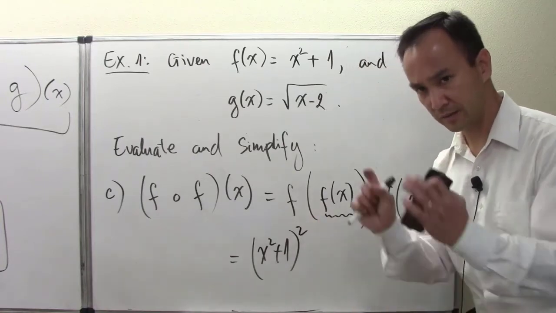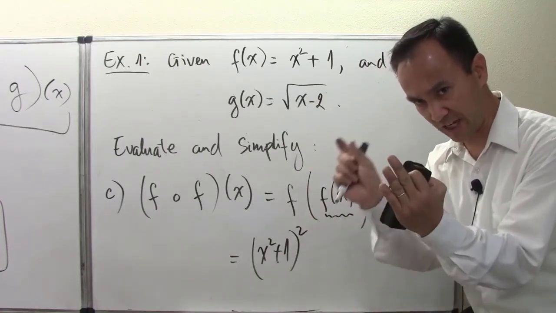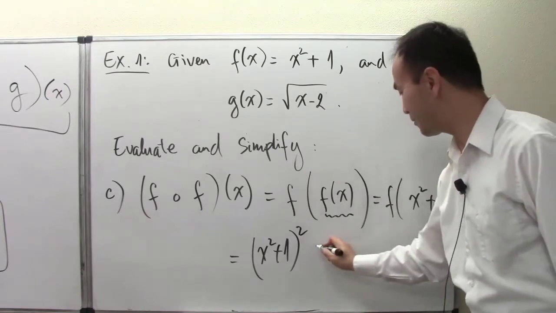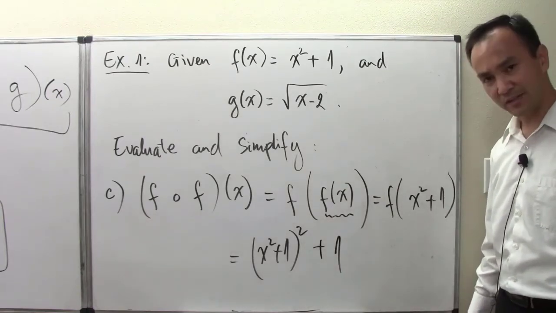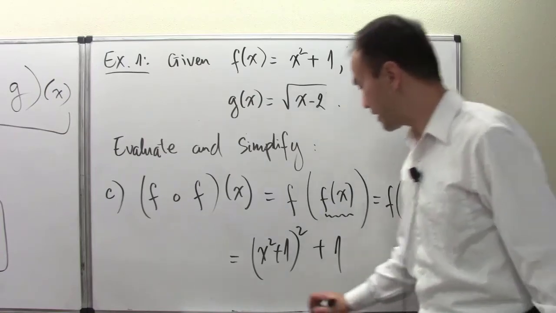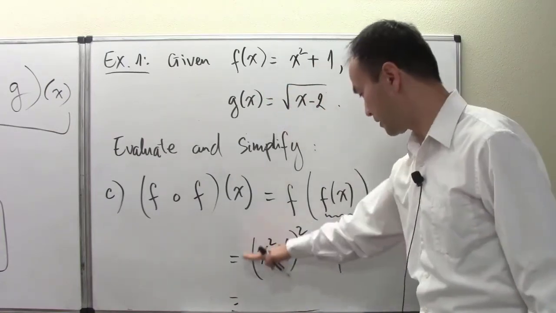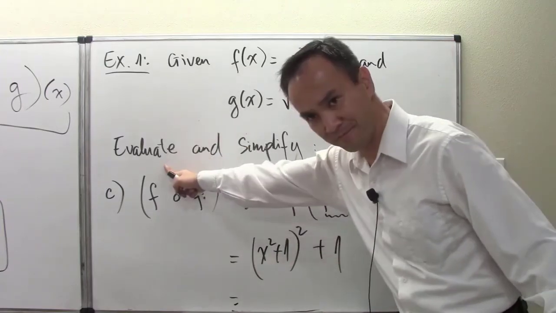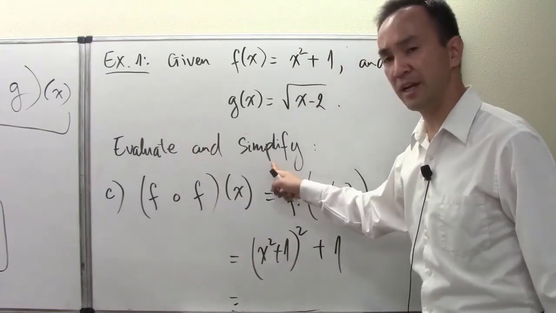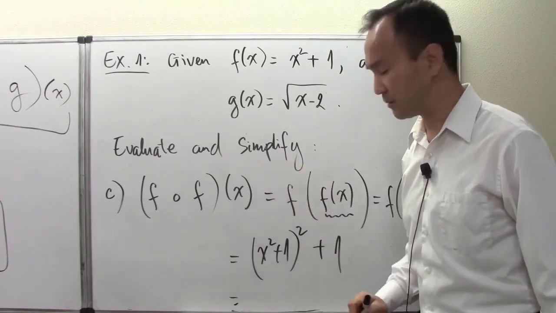We take the function itself as its own input, and then plus 1. That's the end point of evaluation, and in the next step we're going to simplify our expression here.